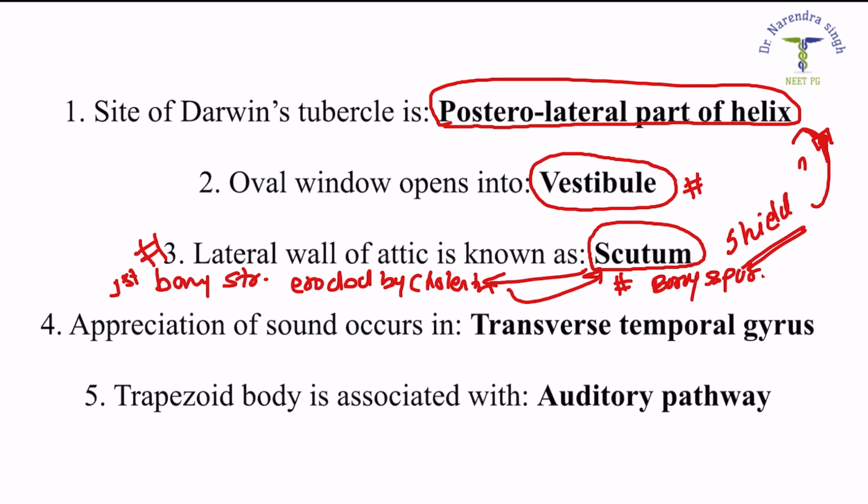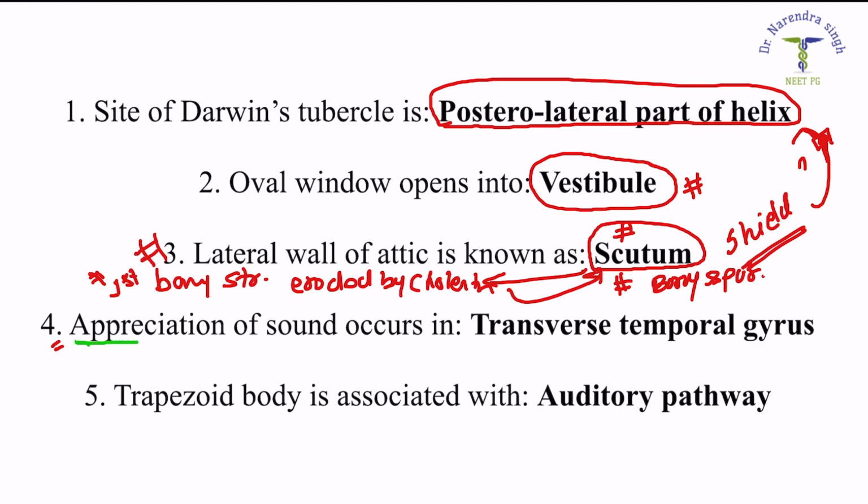So here we covered two questions: the first bony structure eroded by cholesteatoma is scutum, and lateral wall of attic is also known as scutum. It is a sharp bony spur which is formed by superior wall of external auditory canal and the lateral wall of tympanic cavity.